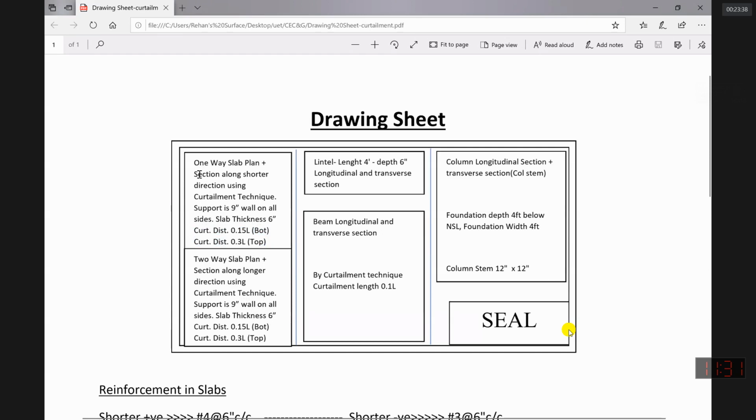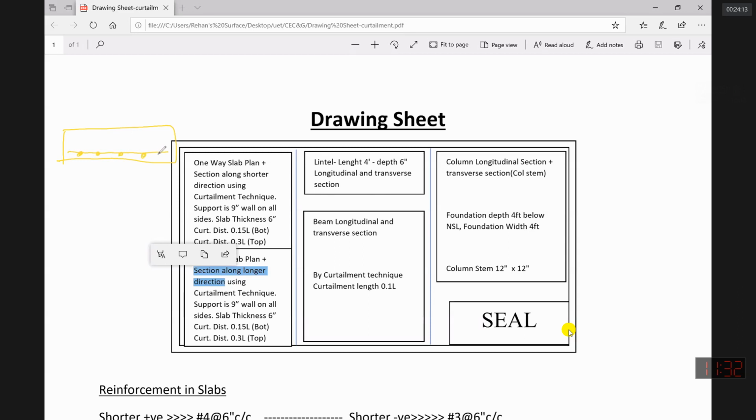Now, section along shorter direction and section along longer direction. In the section along shorter and longer direction, you only have to keep this in mind: if this is the section, one of the bottom layers reinforcement bar would come like this, the other one would be having dots, right?